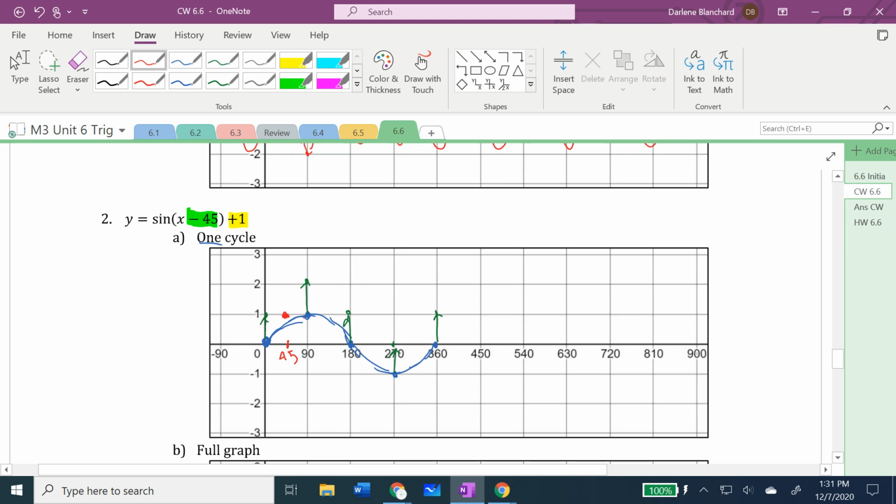The point that started at 90 moved up 1 unit and is moving right 45 degrees. The point that was at 180, 0 moves up 1, right 45 degrees. The point that was 270, -1 moved up 1 unit, right 45 degrees. And then finally the last one, up 1, right 45 degrees.